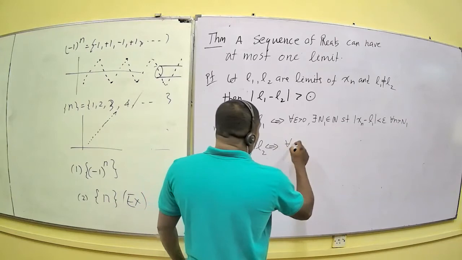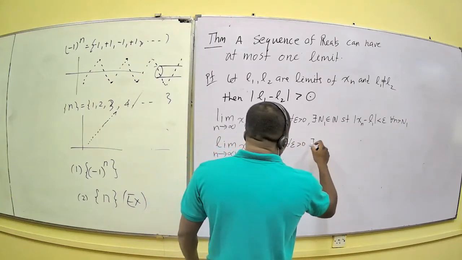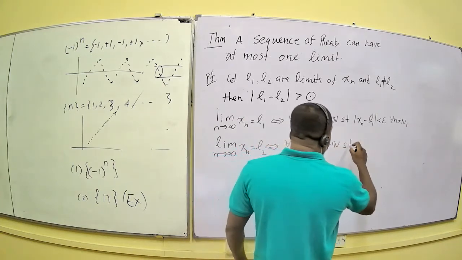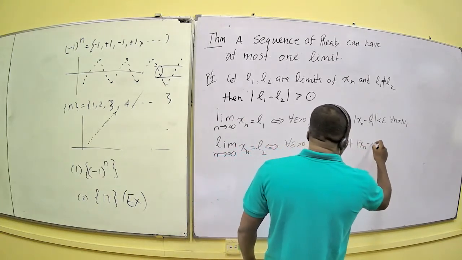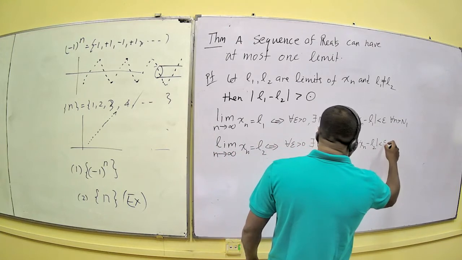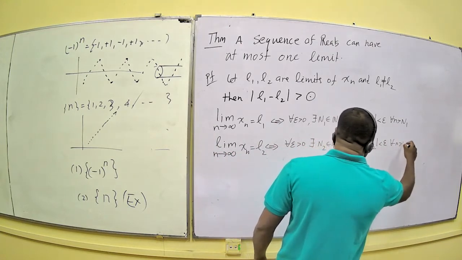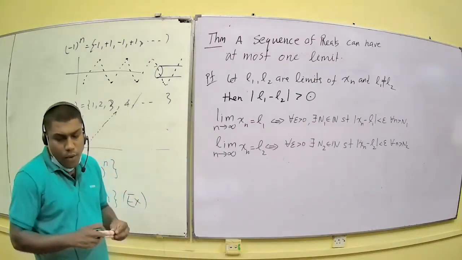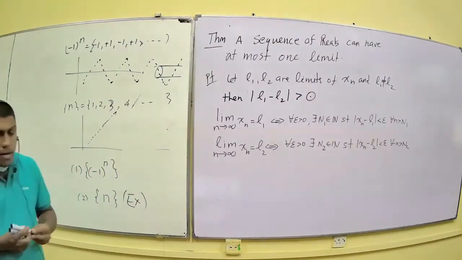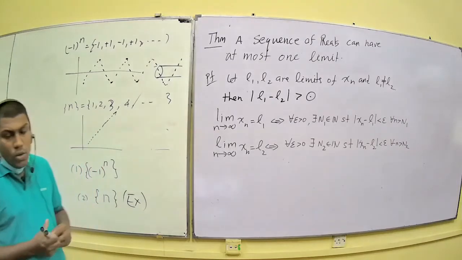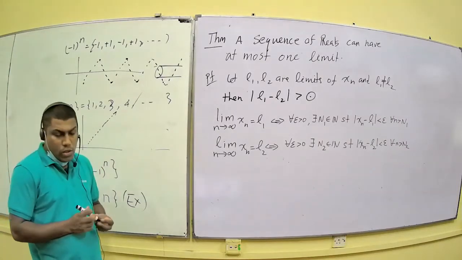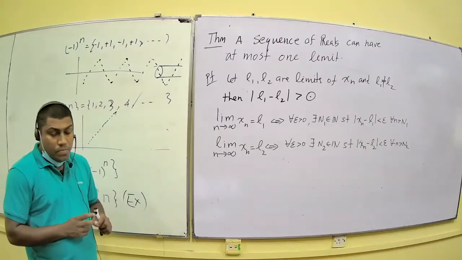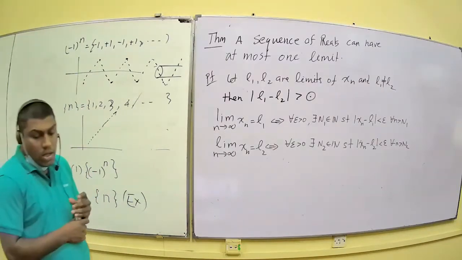That means for every epsilon positive, you have n2 in the natural numbers such that |xn − L2| < epsilon for all n greater than n2. So you have two definitions, n1 associated with the limit L1 and n2 associated with the limit L2.